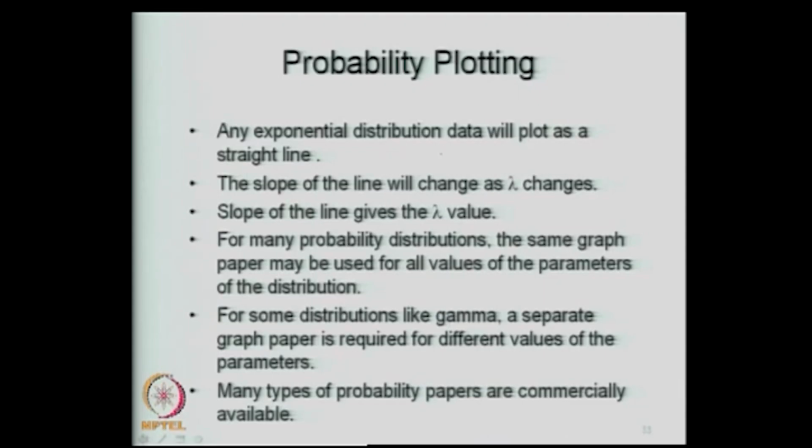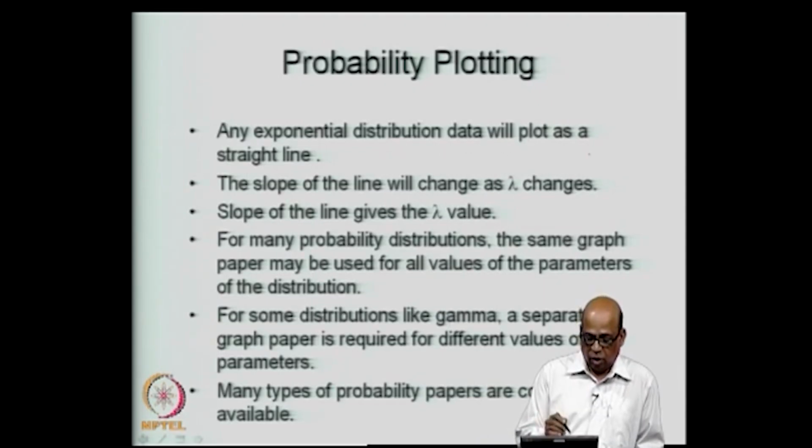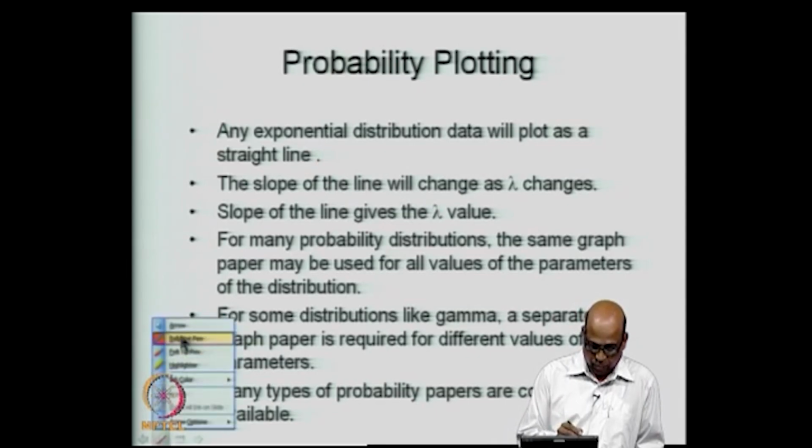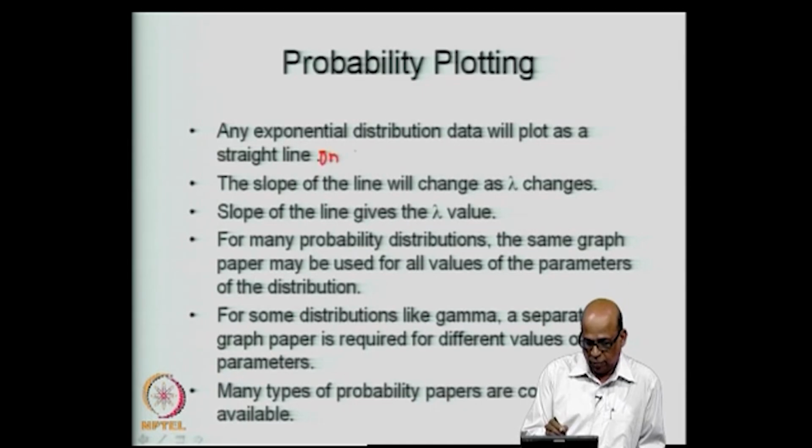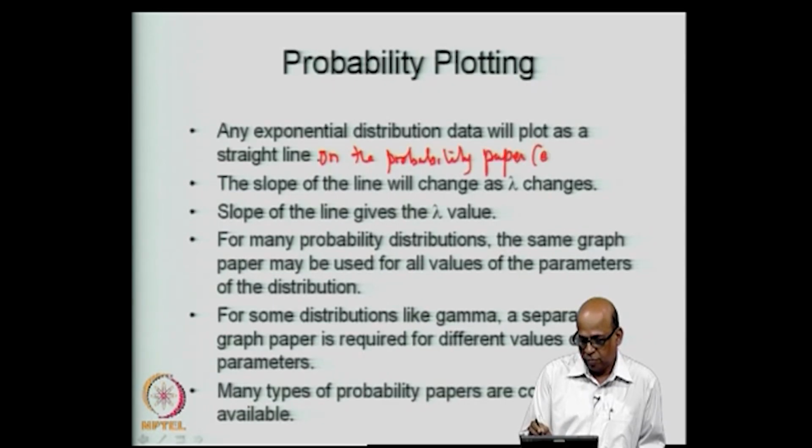giving the parameter lambda. So, we will just go through what we just did now. Any exponential distribution data will plot as a straight line on the exponential probability paper, that is on the probability paper prepared for exponential distribution.